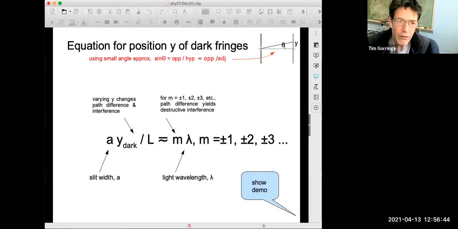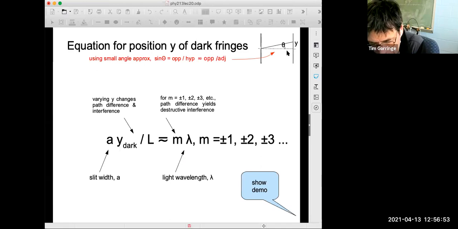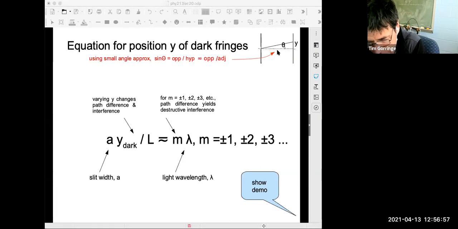You can rewrite that equation not in terms of the angle theta, let me point out the angle theta up here on this little diagram, but in terms of the position y on a screen that's illuminated with the diffraction pattern.